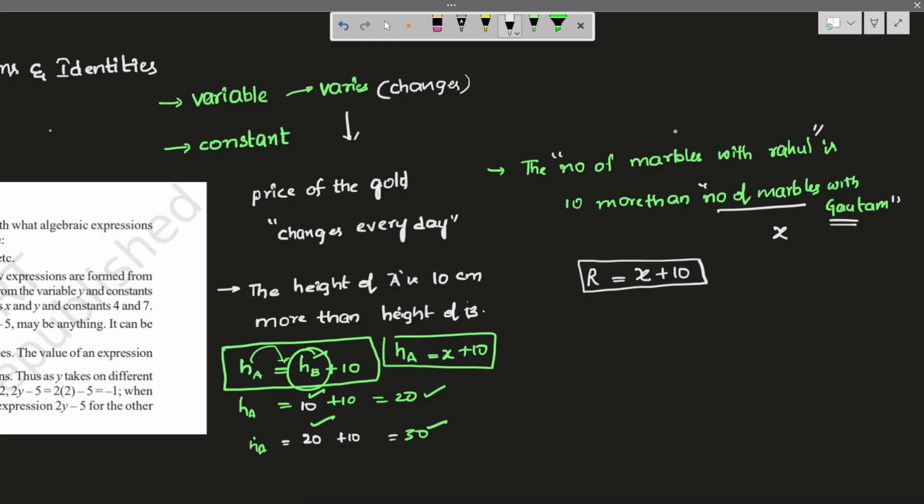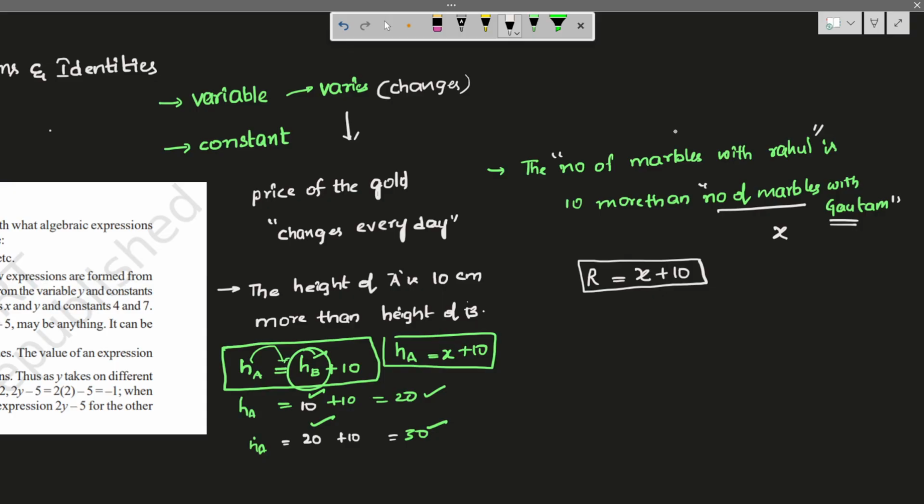So if we don't know a particular value, we can take it as some x or y or z. It is called a variable because it depends on the given condition. It is not always fixed. So these x, y, z are known as variables.